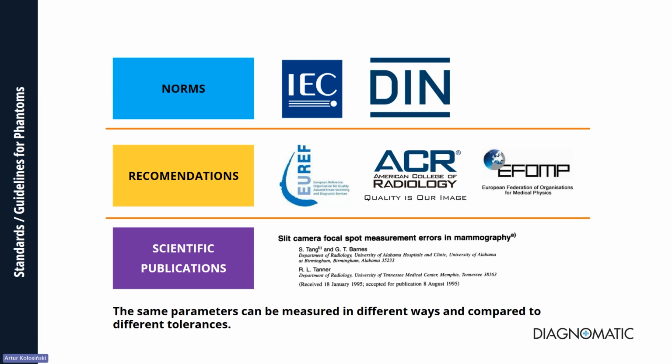Moreover, we have bodies that also make guidelines, like ACR, or in Europe, the European Federation of Organisations for Medical Physics, or EFOMP. These guidelines are also very important tips for medical physicists on how they can measure and what kind of formulas or tolerances they can use.